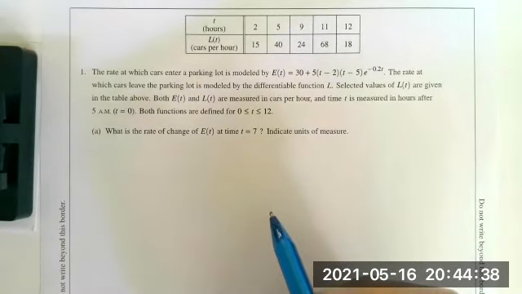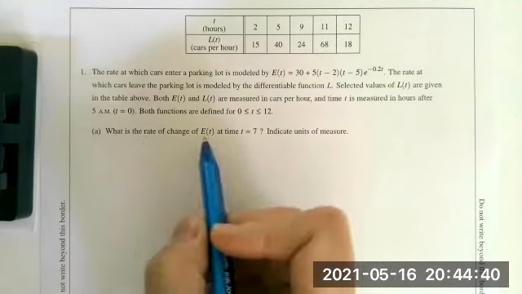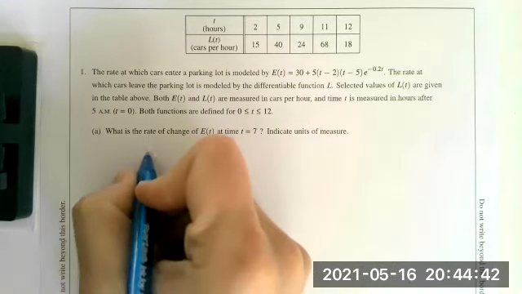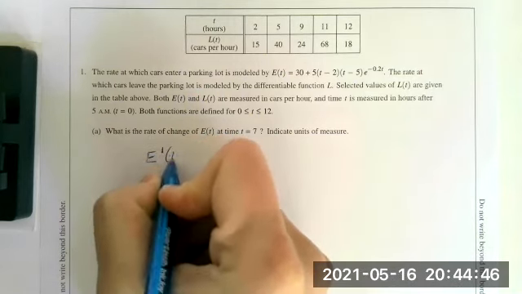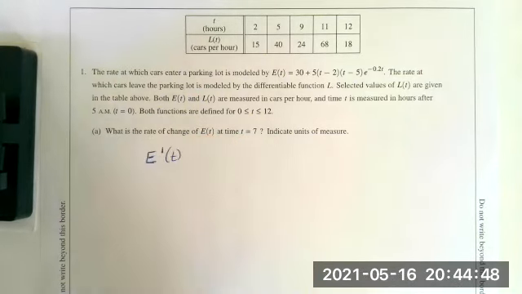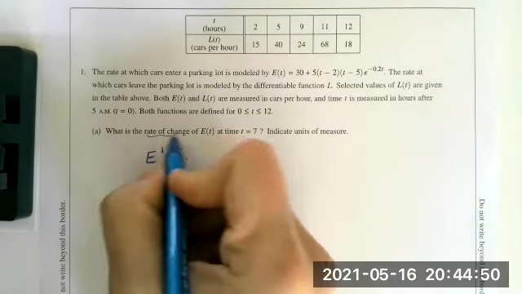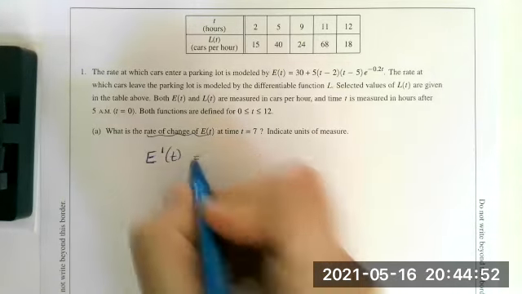So the rate of change of E of t means that we want E prime of t first, rate of change of E of t. And let's talk about what this means.